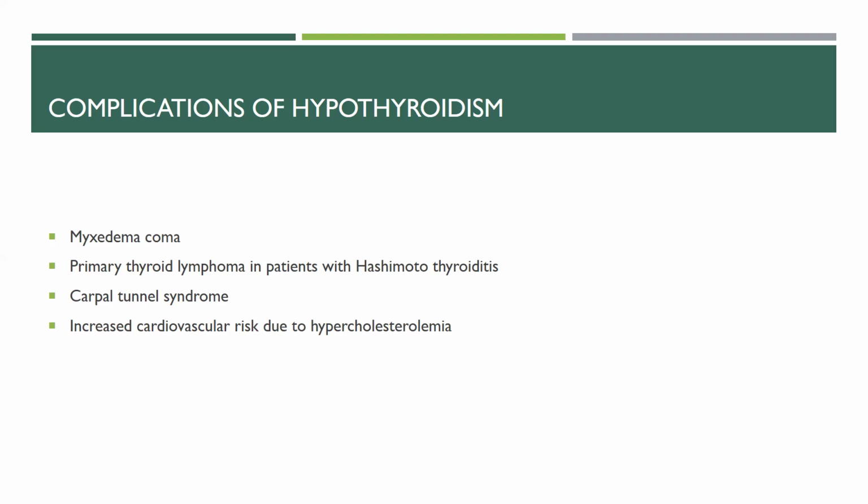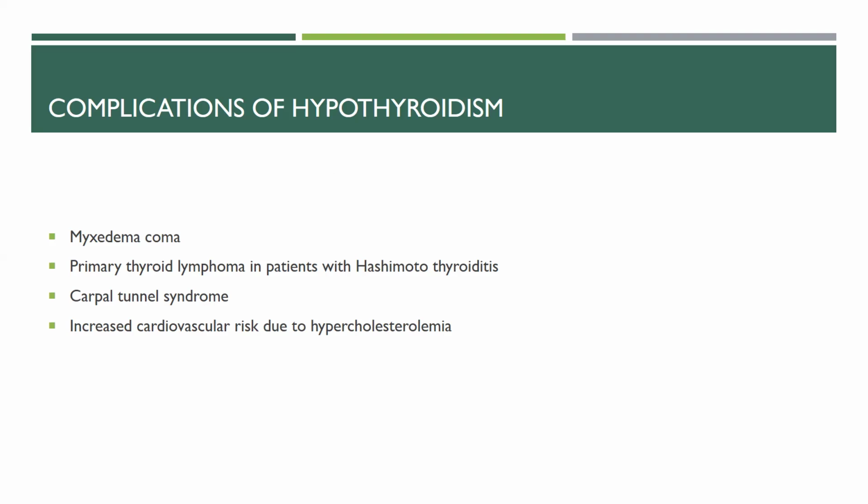It's extremely rare. But the other, much more common complications would be primary thyroid lymphoma in patients with Hashimoto's, and then carpal tunnel syndrome. Carpal tunnel syndrome is a complication, though not many people know why.